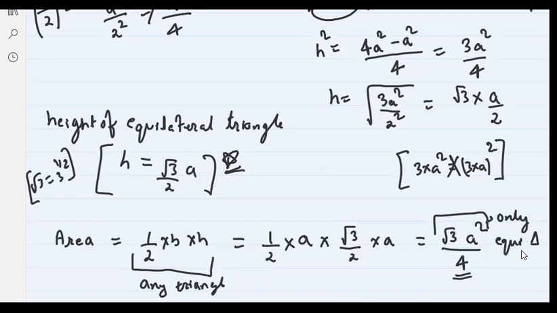Just raise your hand if you got this. This is the most difficult concept that we will study in your class. Shravya, what is root 3 into a by 2 and root 3 by 2 into a? Is there any difference? Think about it.